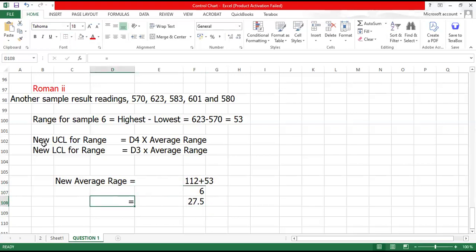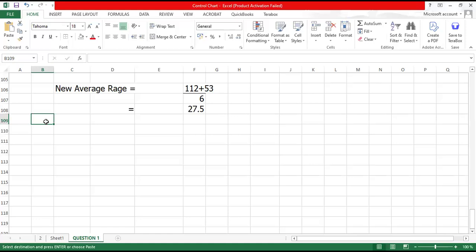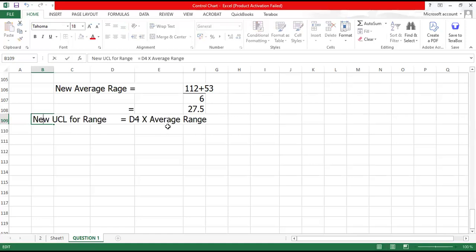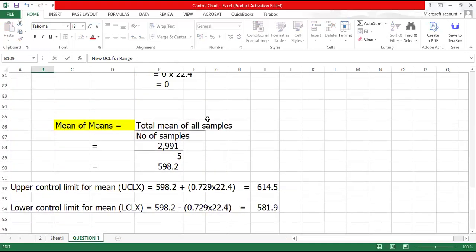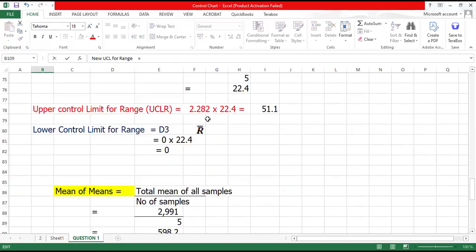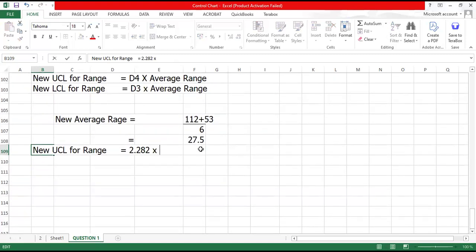From the average, can you get the new upper control limit? Where you have the average, put 27.5. So D4 is what? 2.282 times 27.5.